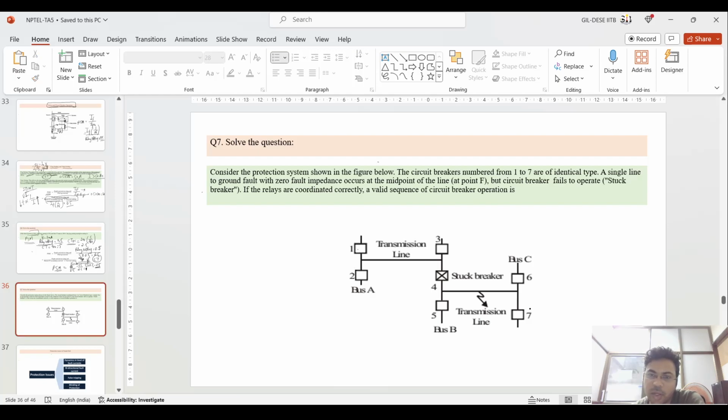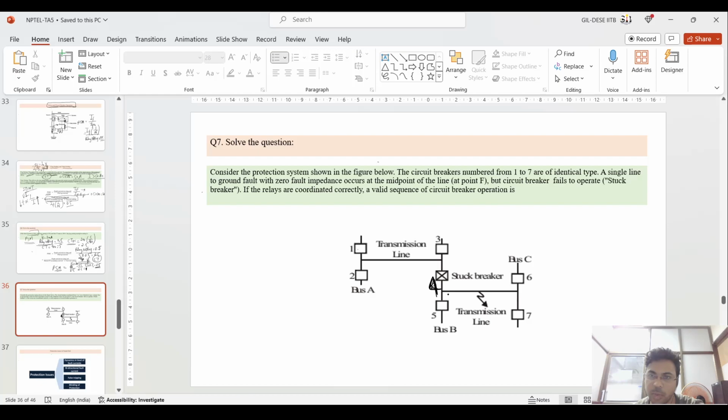This is the second question. You please try. I am explaining this. There are 1, 2, 3, 4, 5, 6, 7 circuit breakers given. This is the circuit breaker, which is connected to some transmission line in between. And the buses are given as A, B, C. So in a particular situation, the fourth circuit breaker got stuck.